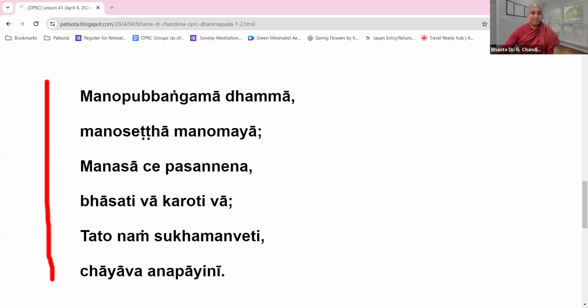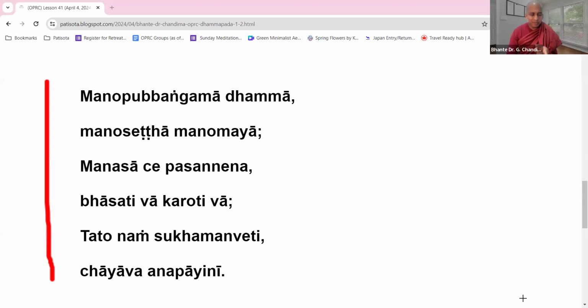We have Ochuwa, please. Thank you, Bhante. Mano pubbangama dhamma, mano settha manomaya, manasa ce pasannena, bhāsati vā karoti vā, tato naṃ sukham anveti, chāyā va anapāyinī. Great. And Doris. Thank you, Bhante. Mano pubbangama dhamma, mano settha manomaya, manasa ce pasannena, bhāsati vā karoti vā, tato naṃ sukham anveti, chāyā va anapāyinī.